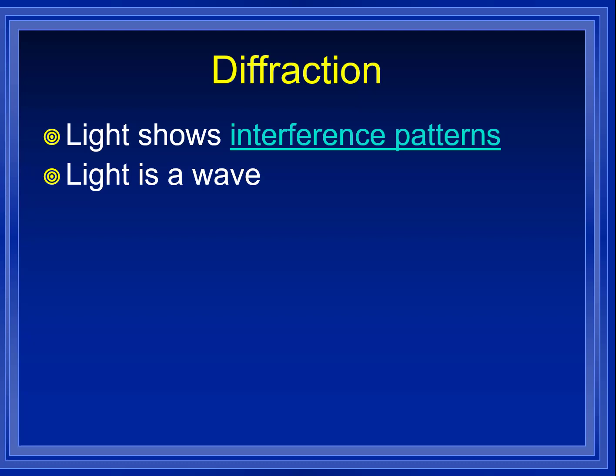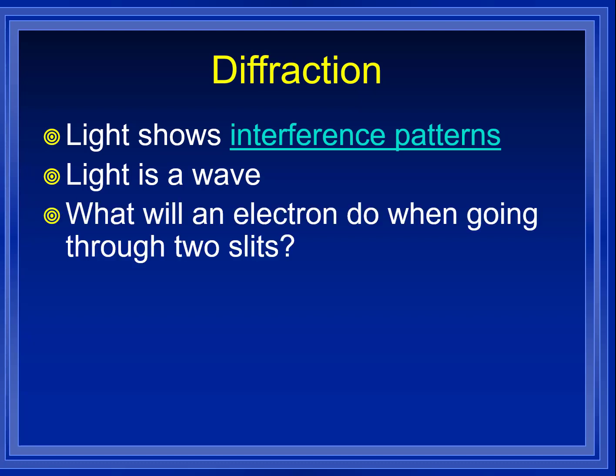So, what will an electron do when going through two slits? Because if light is both a particle and a wave, an electron's a particle.